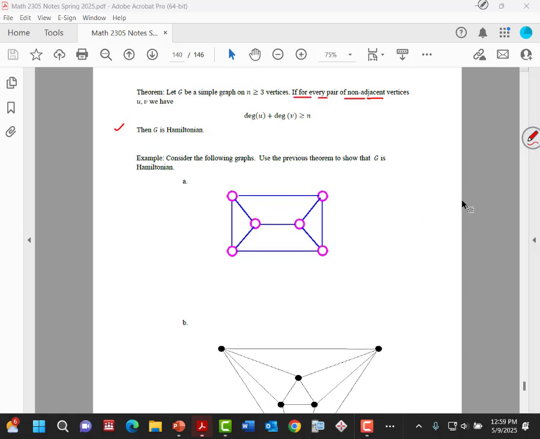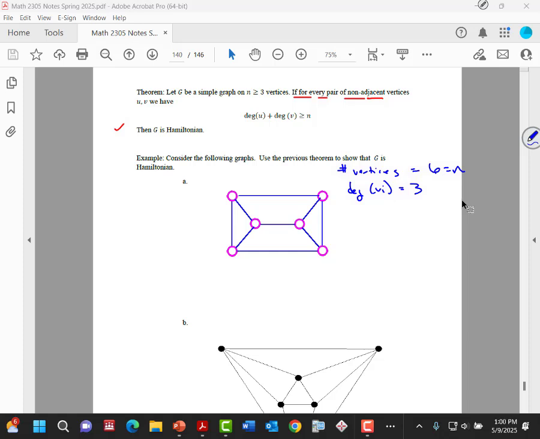Use the previous theorem to show that G is Hamiltonian. For this graph, let's first look at the number of vertices: 1, 2, 3, 4, 5, 6. This is what I'm calling n. Now let's look at the degree of each vertex. The degree of each vertex is 3.